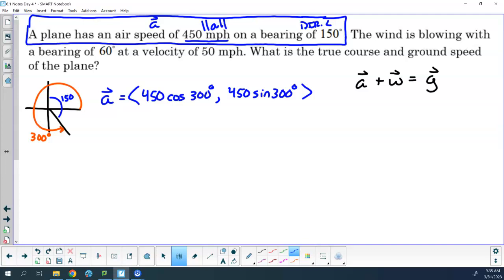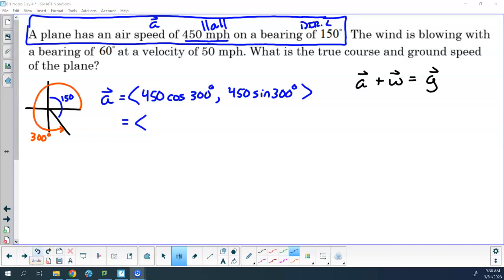Now, we're going to be doing some calculations with these, correct? So we want to leave them as exact as we can. Luckily, 300 is a unit circle angle. Okay? So what is 450 times the cosine of 300? The cosine of 300 is 1/2, right?